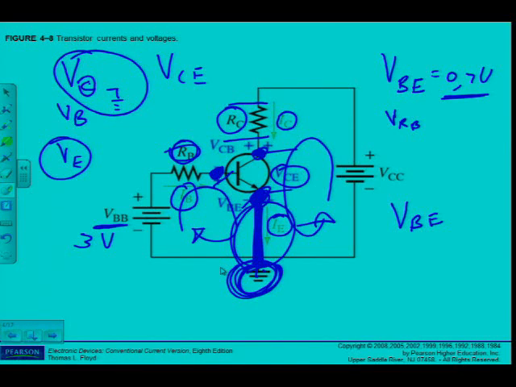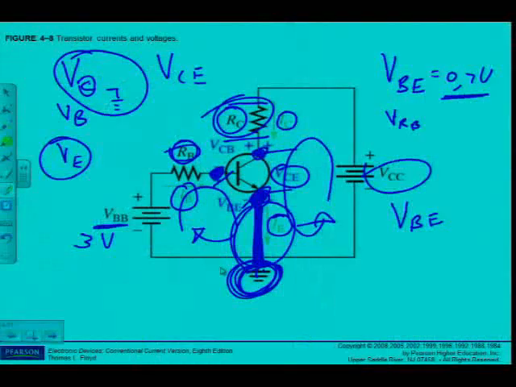So if I apply Kirchhoff's voltage law, then I know the sum of the voltage drops around the circuit should be equal to the supply voltage. So if I want to determine theoretically VC, and in this case it will also be equal to VCE, it will be the supply VCC minus the voltage drop over RC, VRC, then I have the value of VC or VCE.